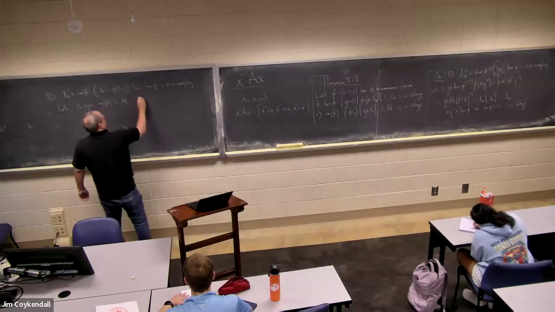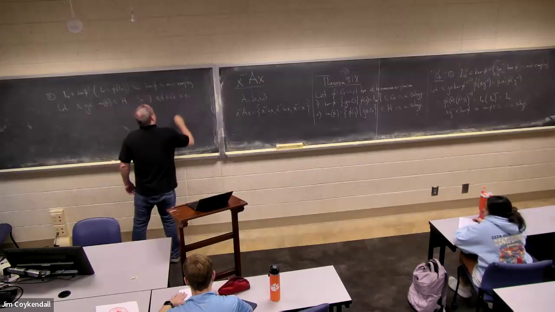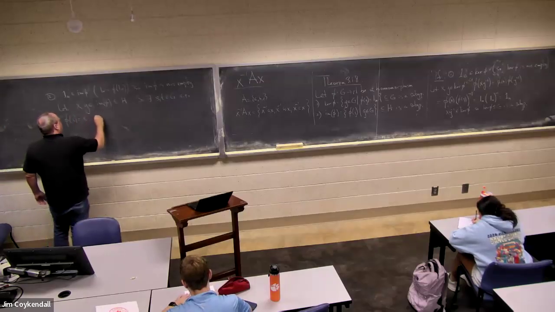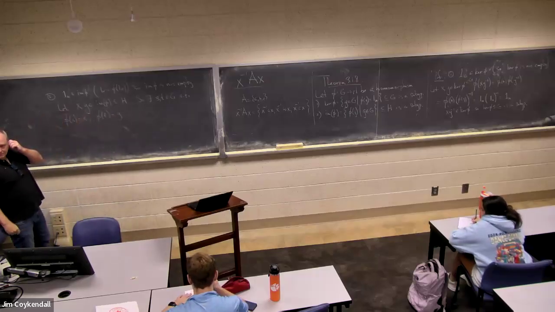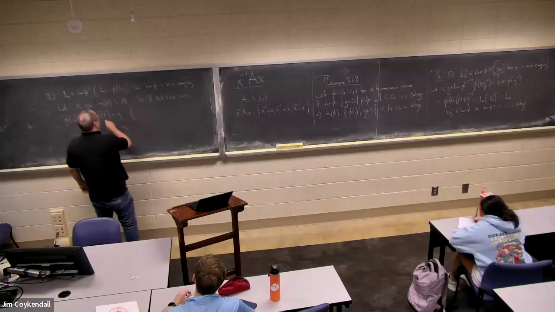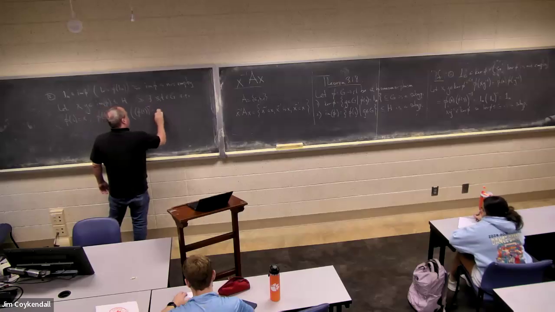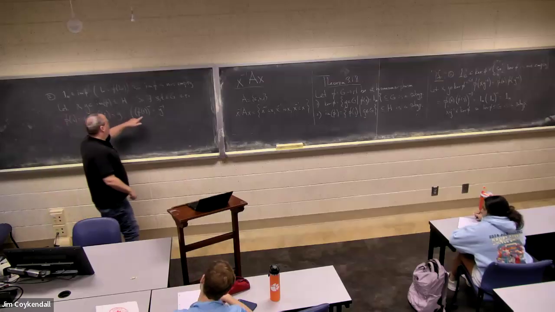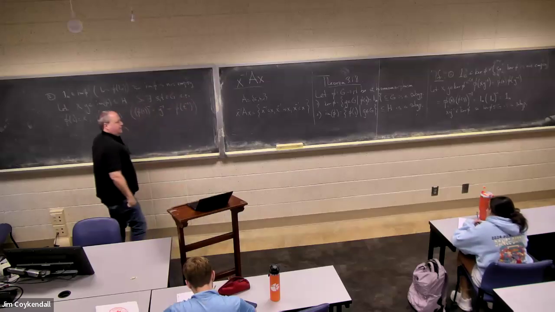This means there exist s and t in G such that phi of s is x and phi of t is y. Let me also point out that this last one means that phi of t inverse is y inverse. It's taking the inverse of both of these, and this is the same thing as phi of t inverse.